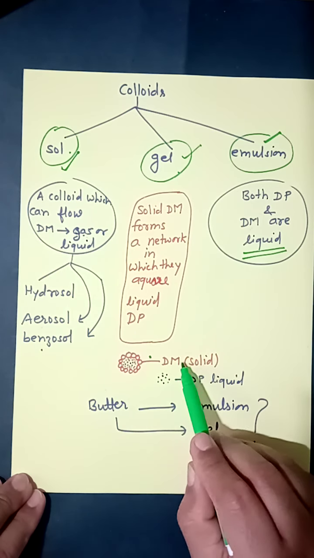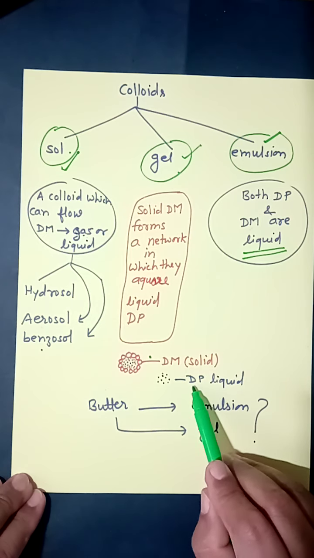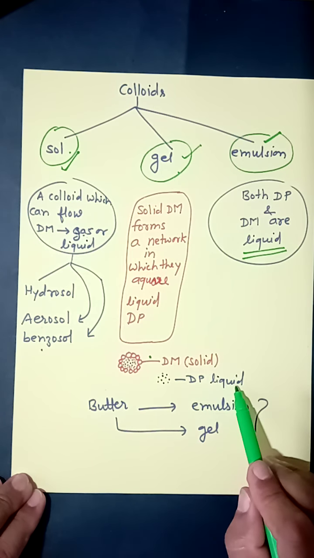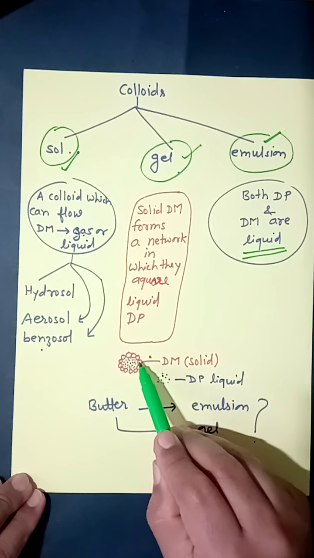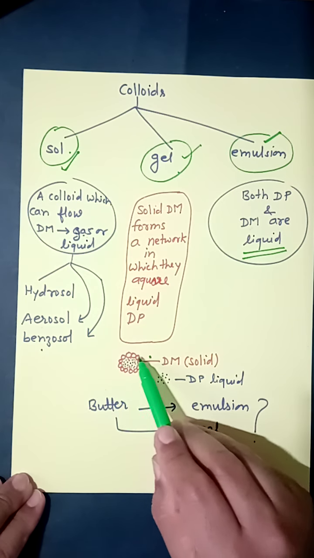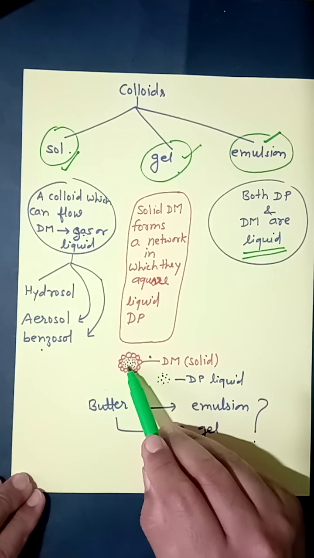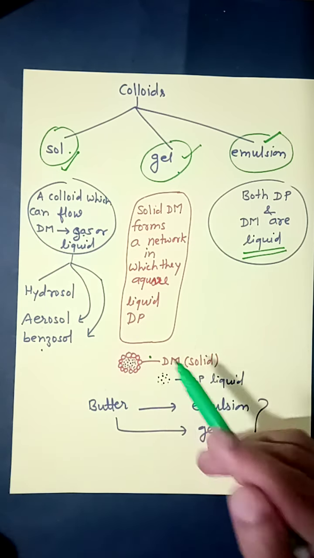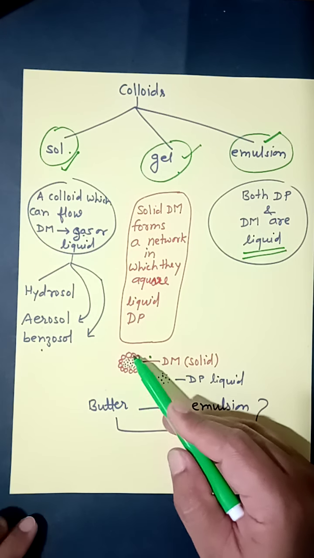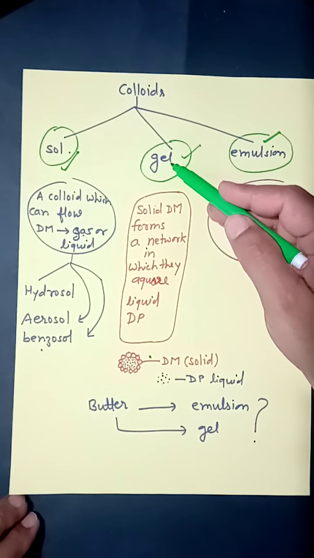Here the dispersion medium is in solid state and the dispersed phase in liquid state. The dispersion medium forms a loose network. Solid particles form a network in which they hold liquid. So from the outer side it is solid, from the inner side it has liquid. Such types of colloids are considered as gel.